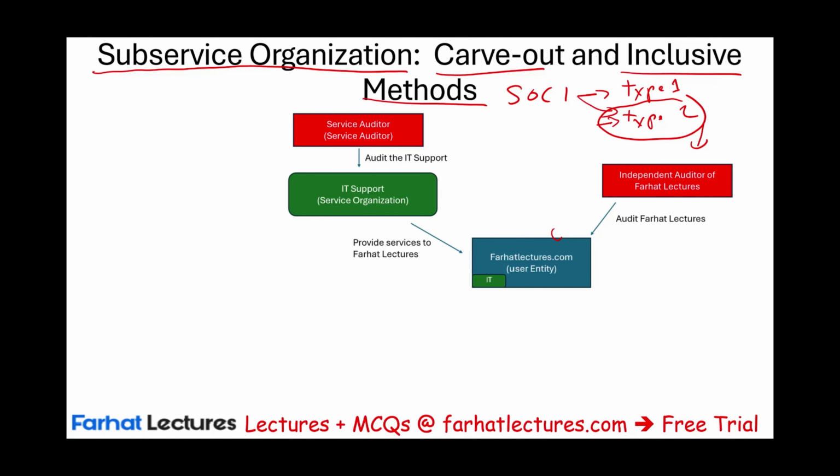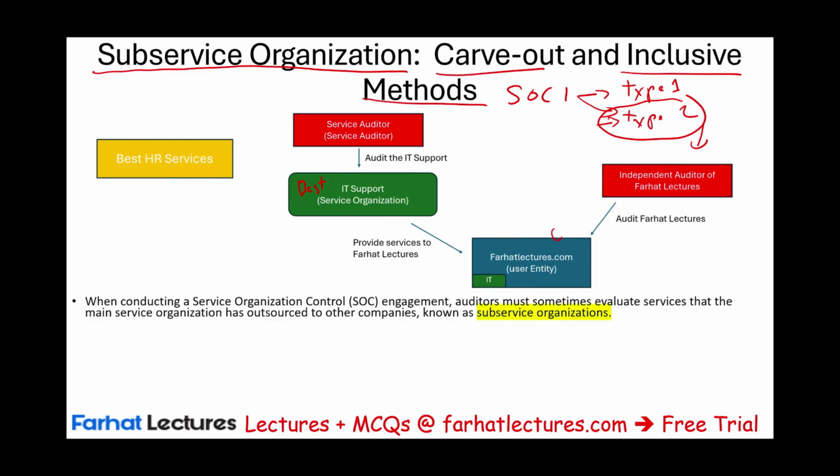How about if IT support, Best IT Support, also relies on other companies? Let's assume they rely on a company called Best HR Services for their human resource needs. So they don't have their own HR department. They outsource this to Best HR Services, and they don't handle their own cloud service.